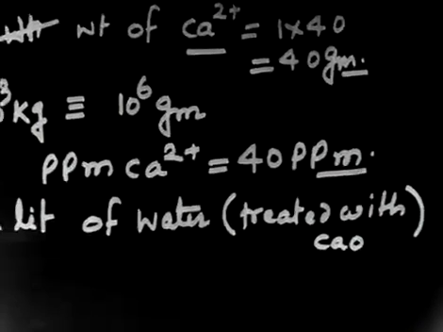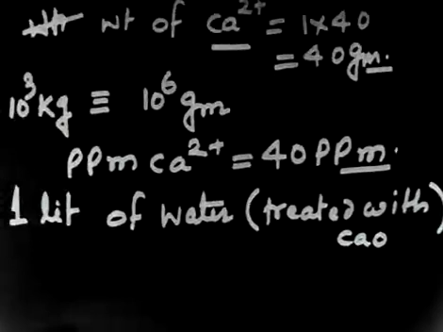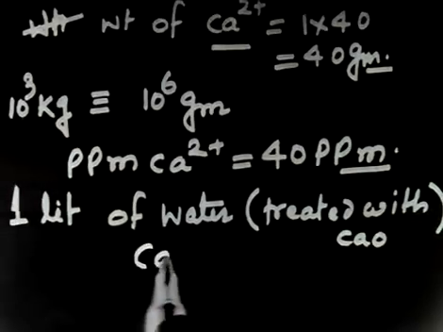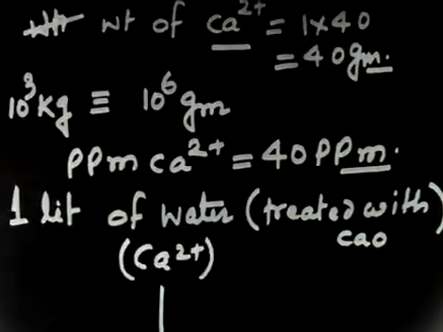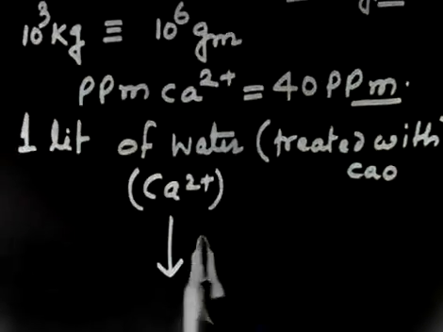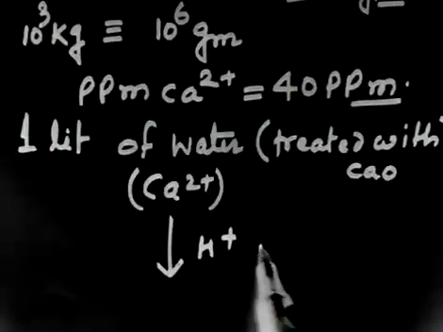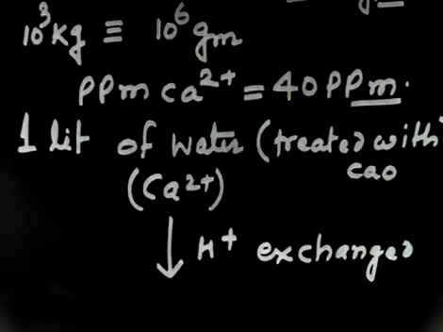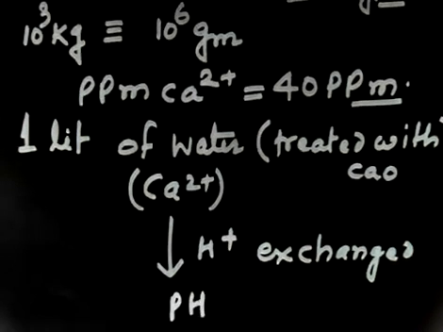Now it will only contain Ca2 plus. Of course, it will also contain SO4 2 minus. Now the question says the Ca2 plus ion is exchanged by hydrogen ion. Are you getting? So it is exchanged by H plus ion. What will be the pH? So what is the pH of the solution?